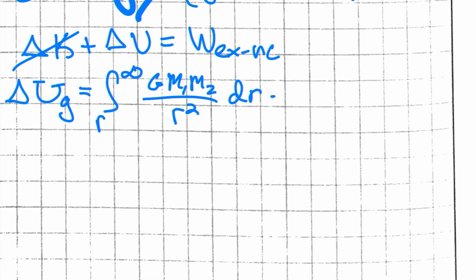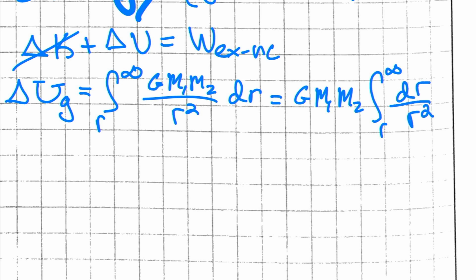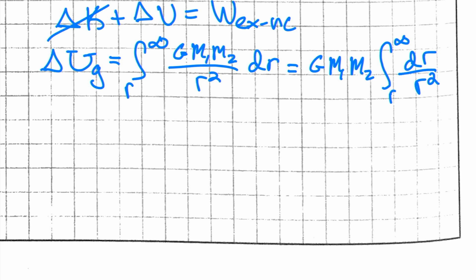When we go to evaluate this, G, M1, and M2 are constants. That leaves us with the integral from r out to infinity of dr over r squared. You could think of that as r to the negative second as well. The delta U here becomes U_GB minus U_GA, right?